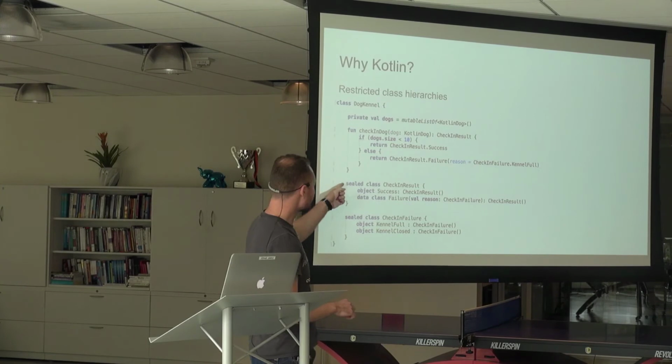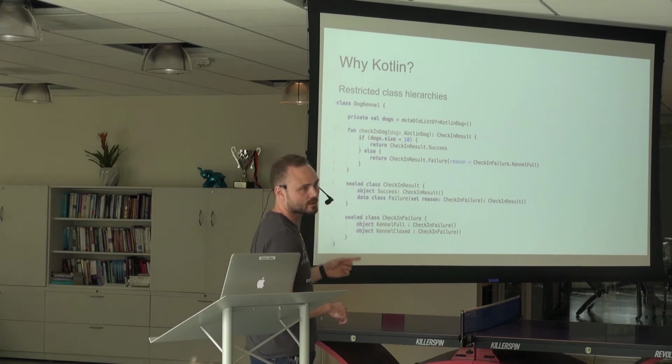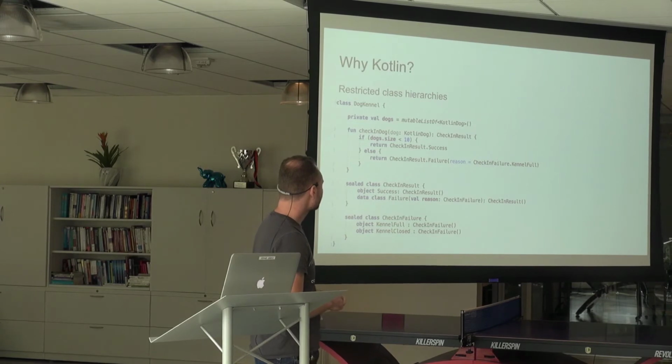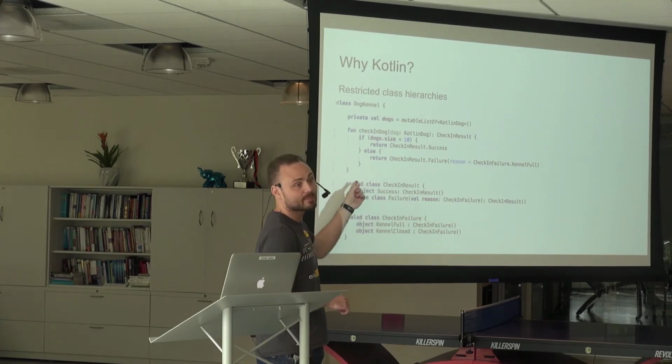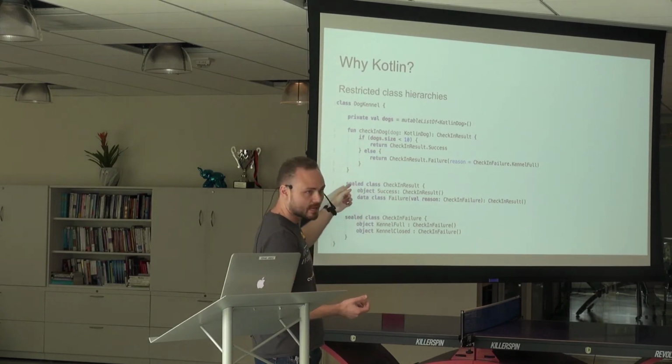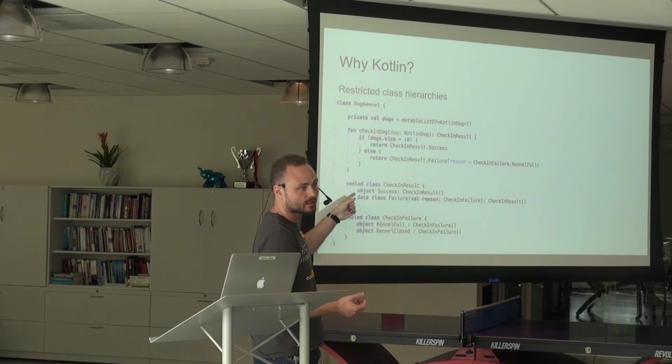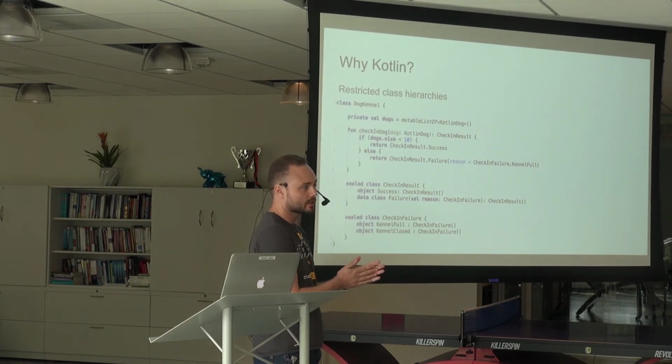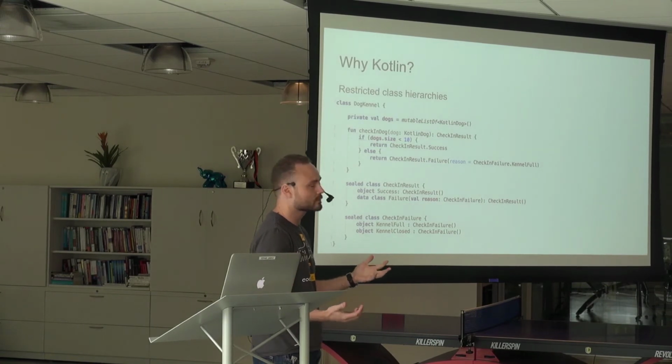Yeah, and because this is a sealed class, this sealed keyword tells the compiler that sealed classes can't be instantiated themselves. So if you want to instantiate it, you have to subclass it. And you have to subclass it here in the declaration. And that's the only place you can declare them. And then the compiler knows the exhaustive list of possible subclasses here.